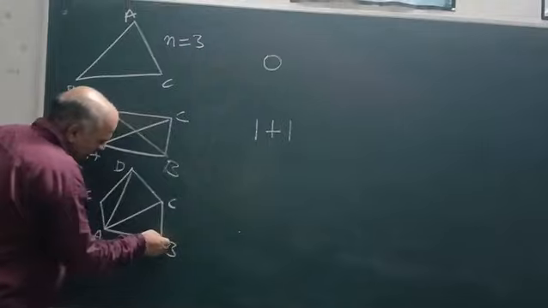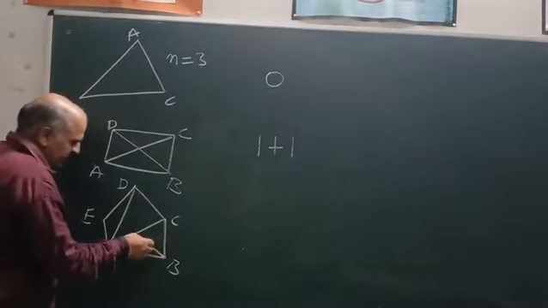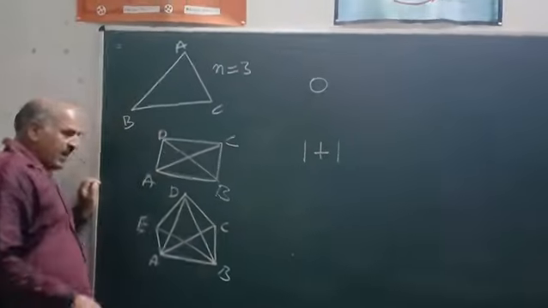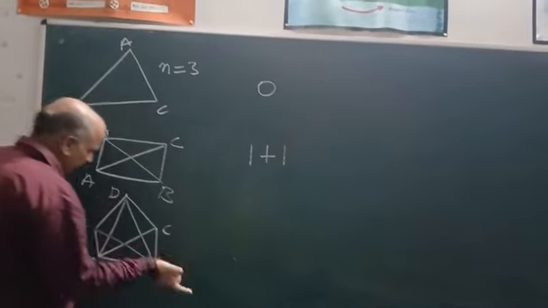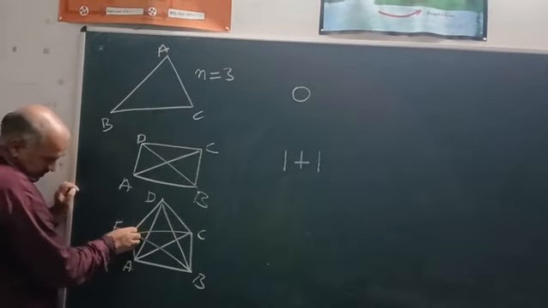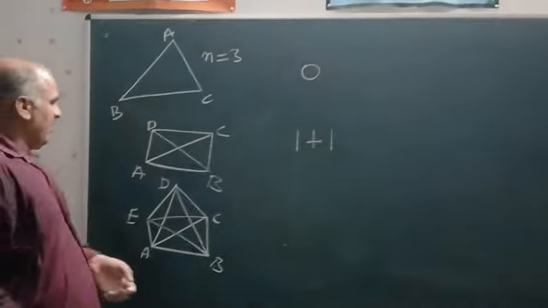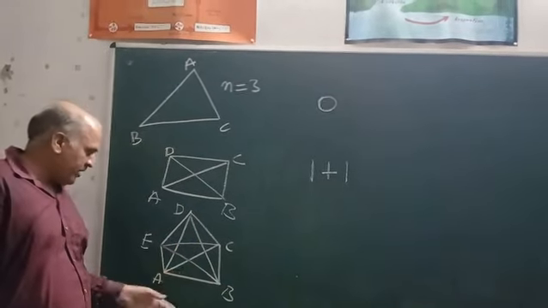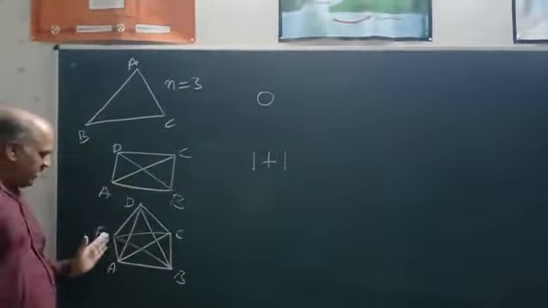Now draw the diagonals starting from vertex B: BE and BD. Now, one diagonal from vertex C is already drawn, that is AC. So let us draw the other diagonal, which is EC. And from vertex D, two diagonals are already drawn, and the same is the case with vertex E.